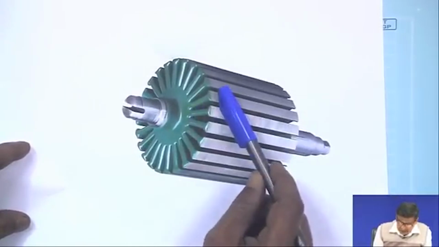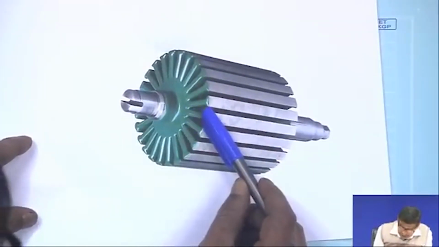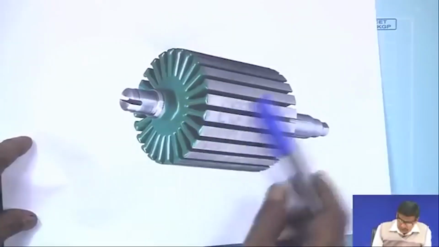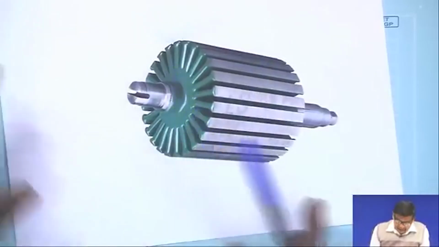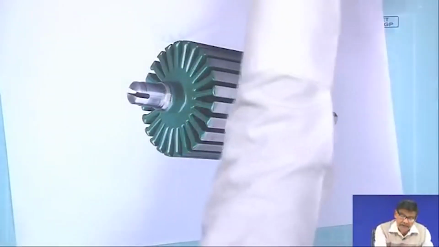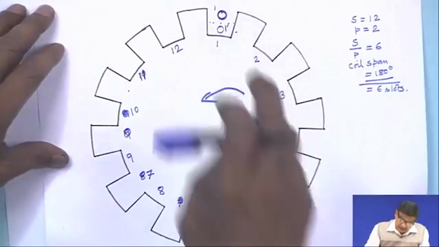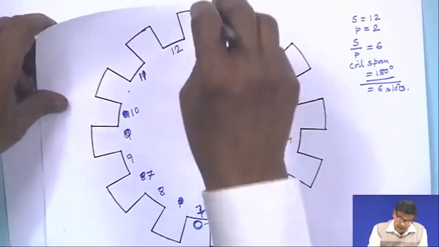These are the slots and these are the teeth, where I am placing double layer coils. Just to tell you what is going on in a machine, this is the thing, and we are looking from one end and showing the slot like this. Conductors are all along the length of the machine, which is perpendicular to this plane.